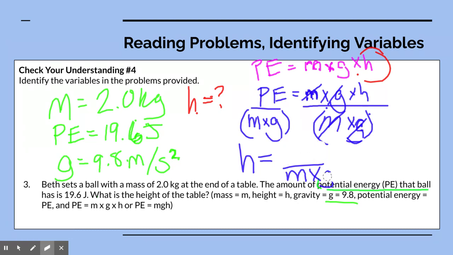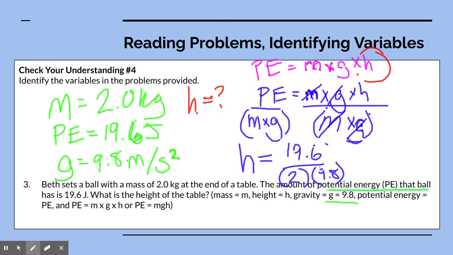So H is equal to the PE over M times G, sorry. So it's going to be 19.6 divided by 2 times 9.8.